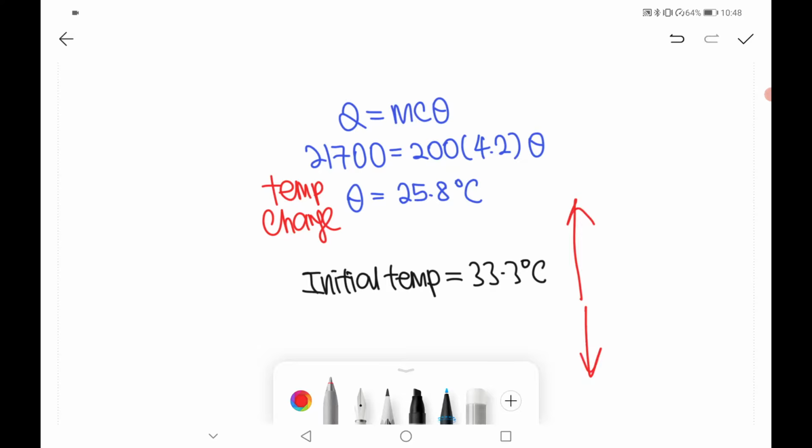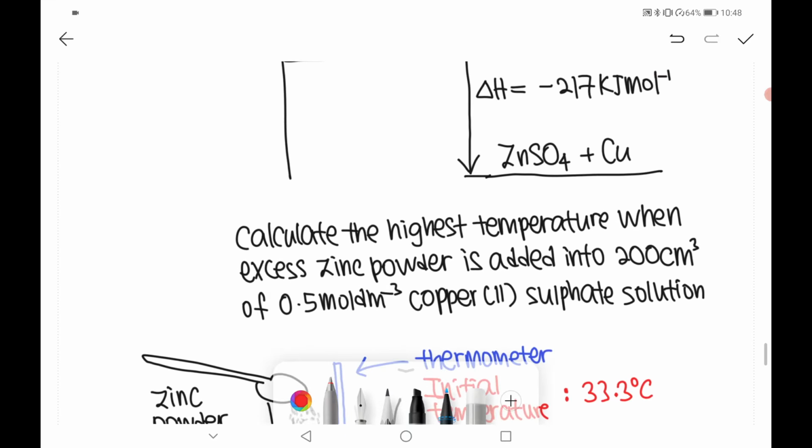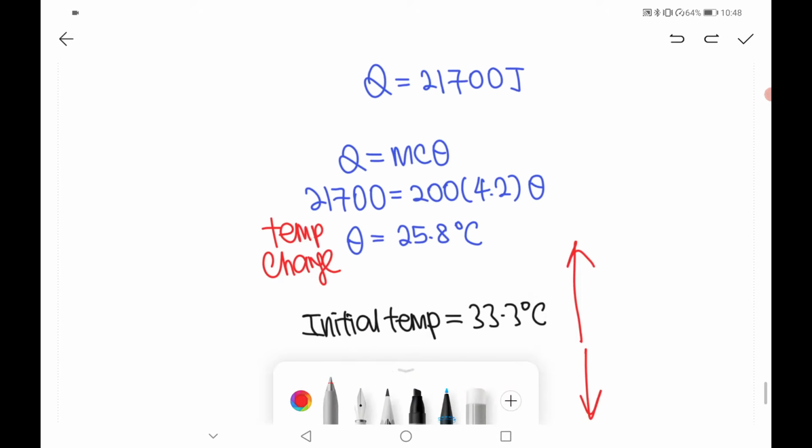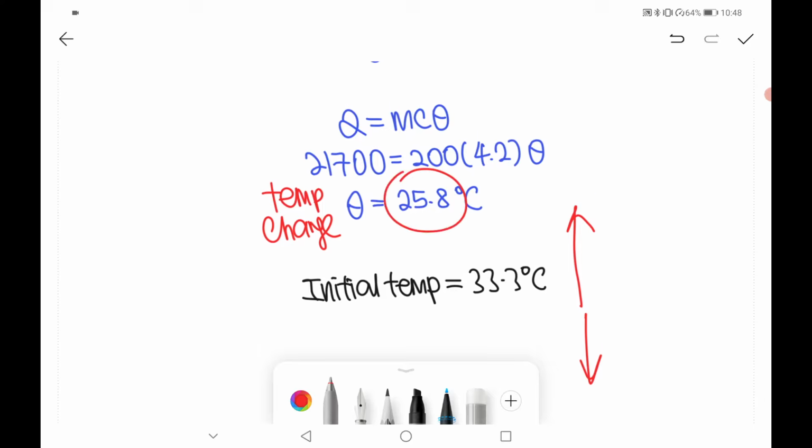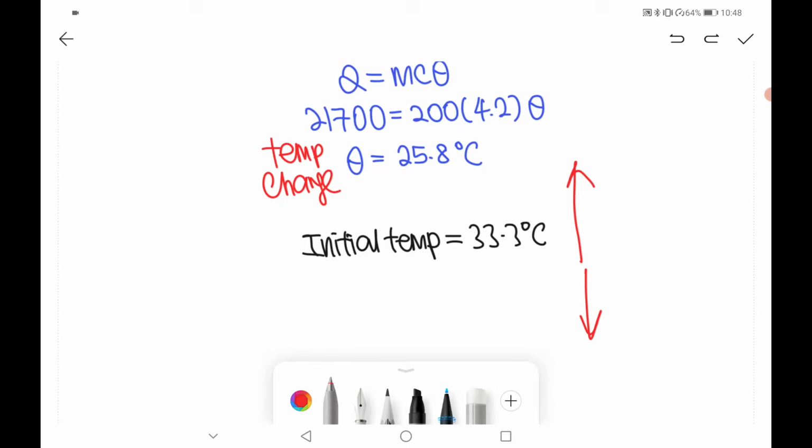How do you know whether you should increase or decrease the temperature? The question is asking for the highest temperature. Highest means the temperature needs to go higher, so we increase the temperature by 25.8. Now we can find the highest temperature.